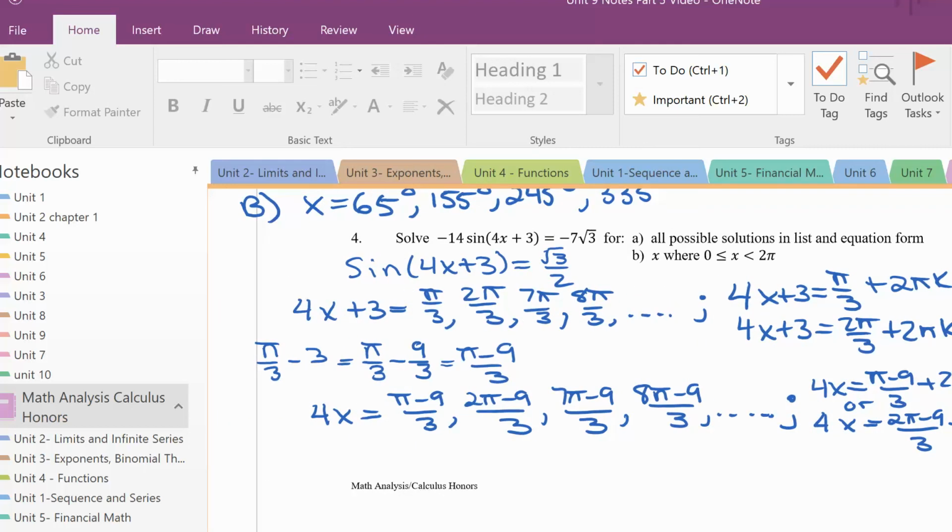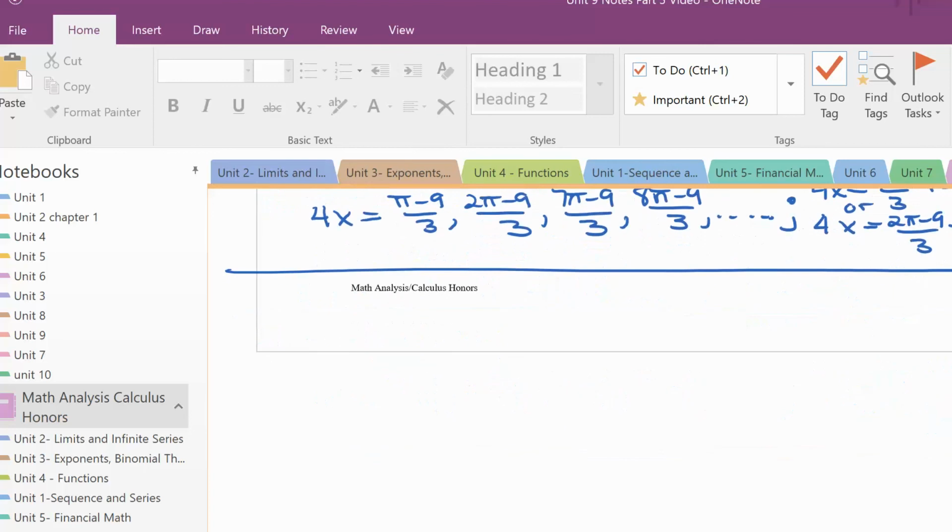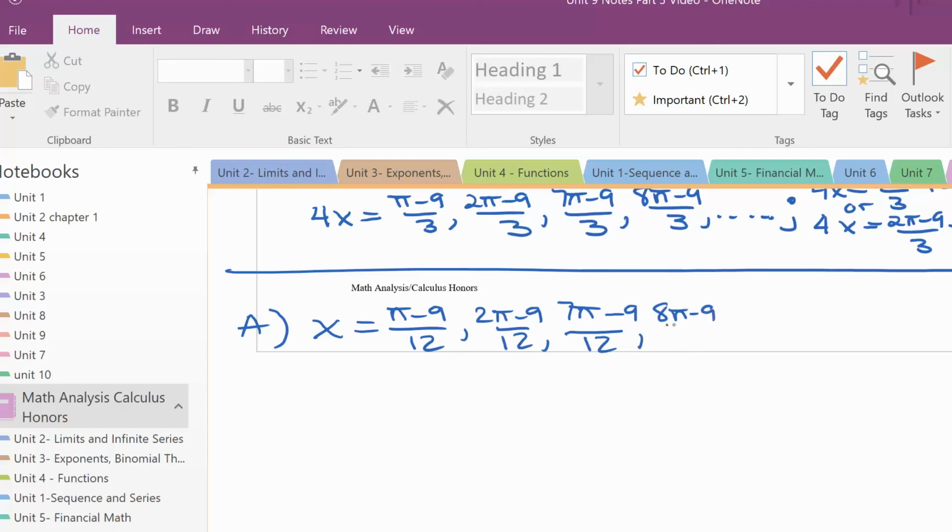So then, if you look at part A where it says make the list, part A, divide by 4. So when you divide each one by 4, you get pi minus 9 over 12, 2 pi minus 9 over 12, 7 pi minus 9 over 12, 8 pi minus 9 over 12, and so on.